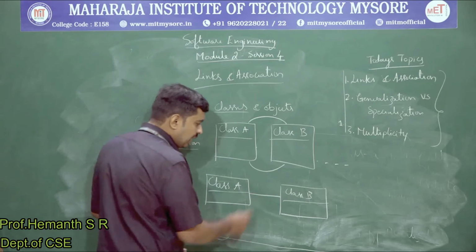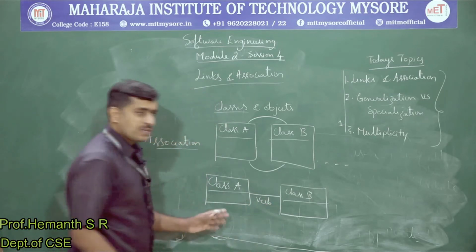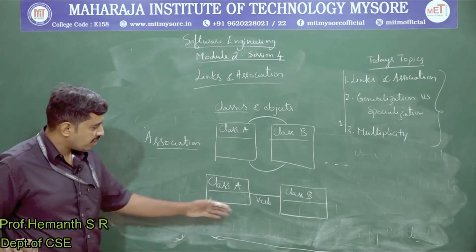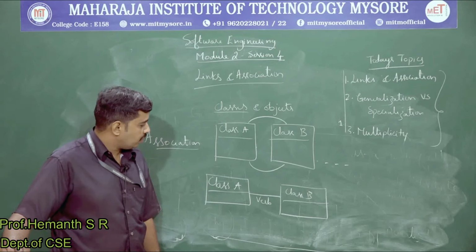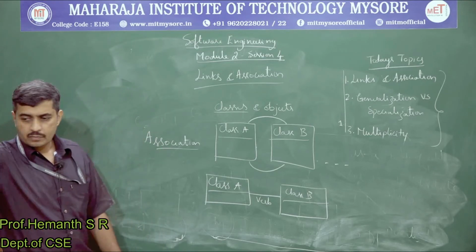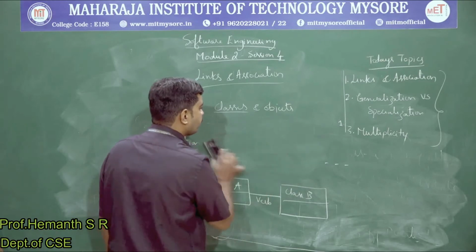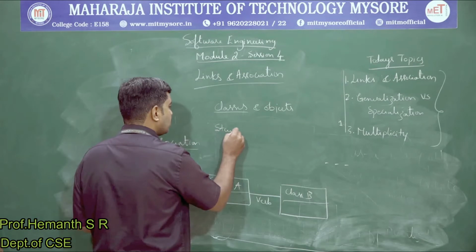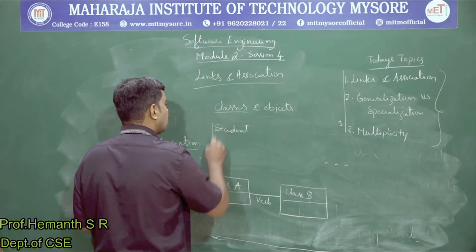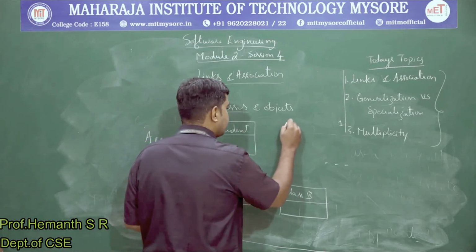I can write above the line, and usually it will be a verb. I'll go to more specific examples so that we can have more clarity about this. For example, consider two classes, student class and a university class.